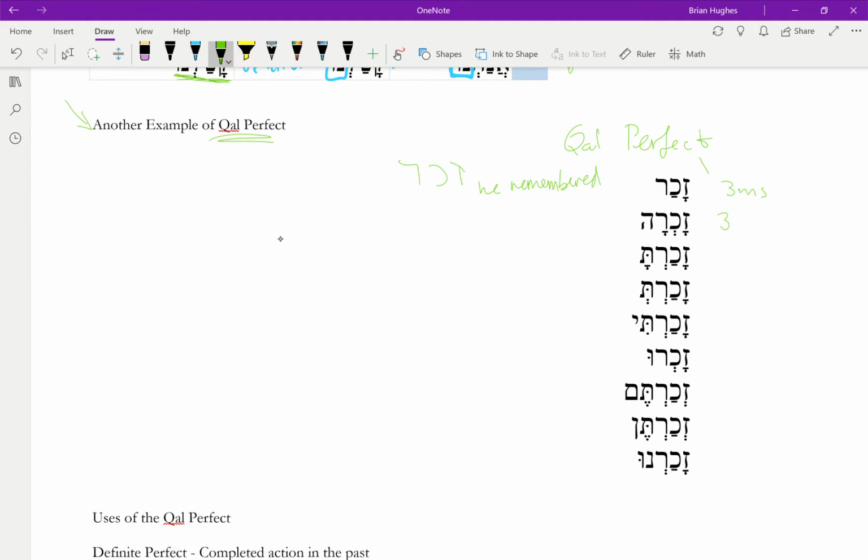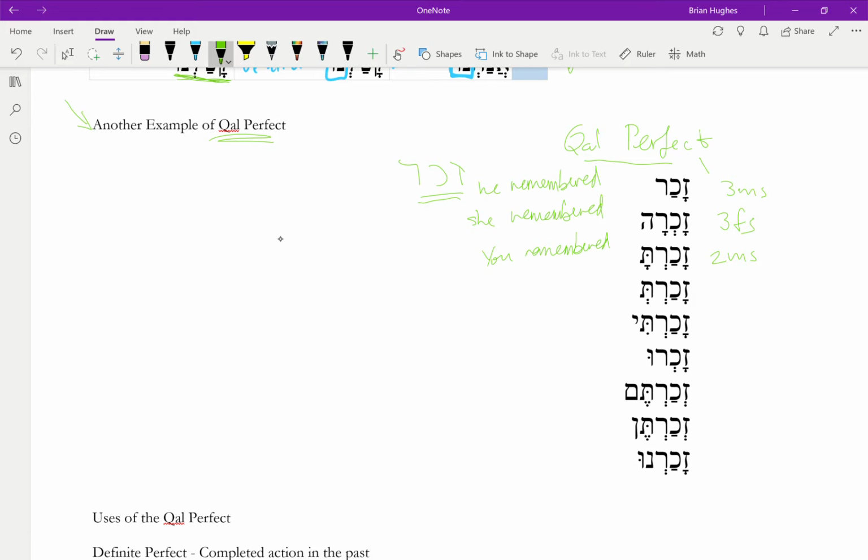Zachara is the third feminine singular Qal Perfect from the root zachar, meaning she remembered. Zacharta, second masculine singular Qal Perfect from zachar, meaning you remembered.